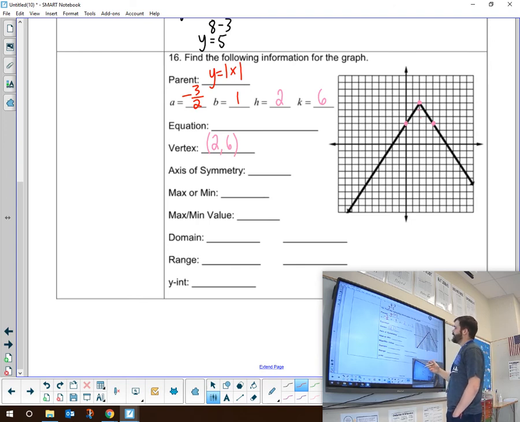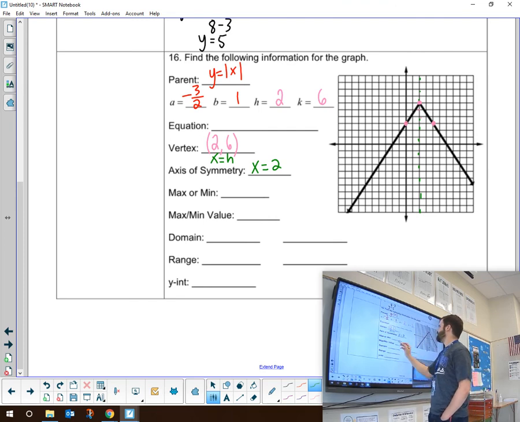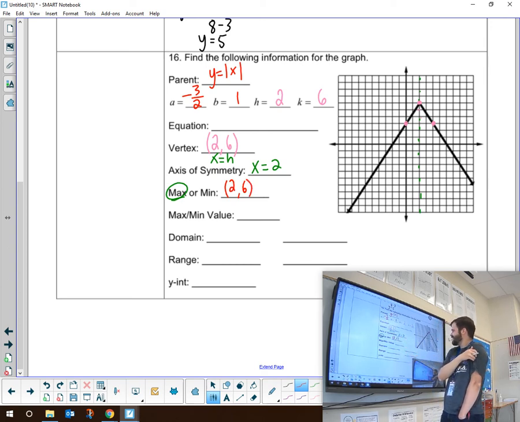So then my axis of symmetry, that's where x equals h. So my axis of symmetry is just going to be x equals 2. There's my axis of symmetry. Okay? And we have a maximum at 2, 6. The maximum value is the highest number that we can get to, which is 6.